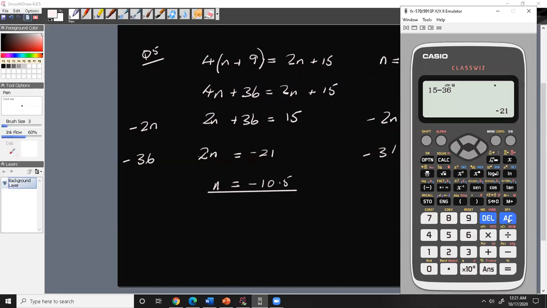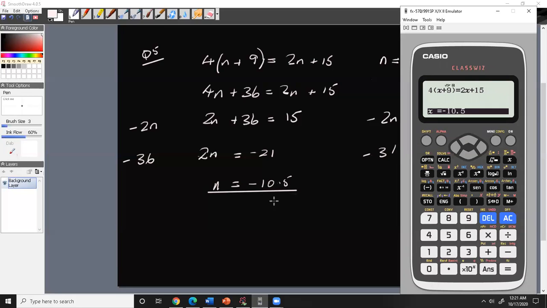So we've got 4 bracket x plus 9 bracket is equal to 2x plus 15. Remember to do shift solve, and we've got x is equal to minus 10.5. So n is minus 10.5, so that one is actually correct.